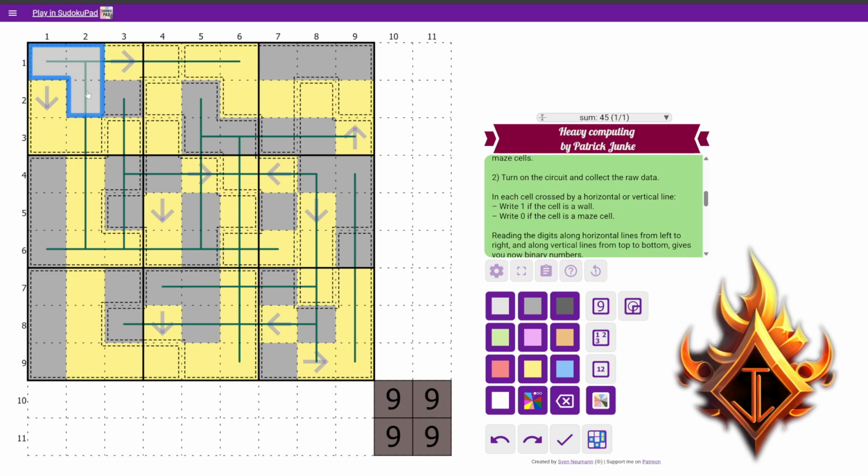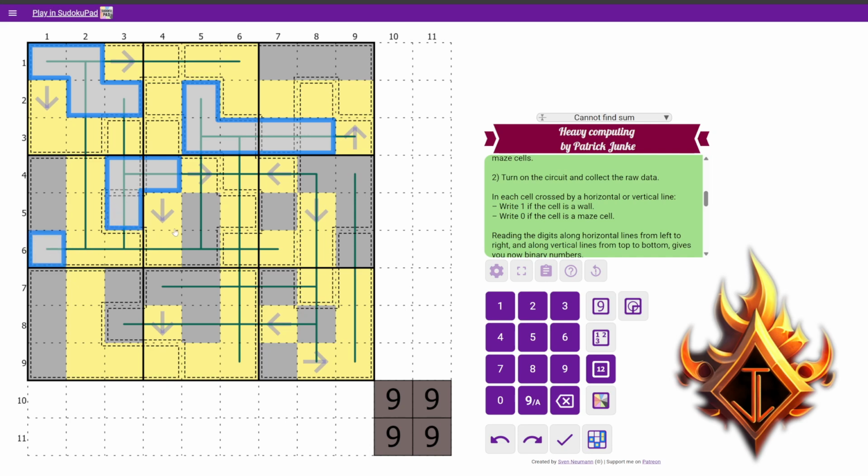So, if we were to just select all of the gray cells that have a line in them, and I think that's all of them, then we can just write a 1 there.